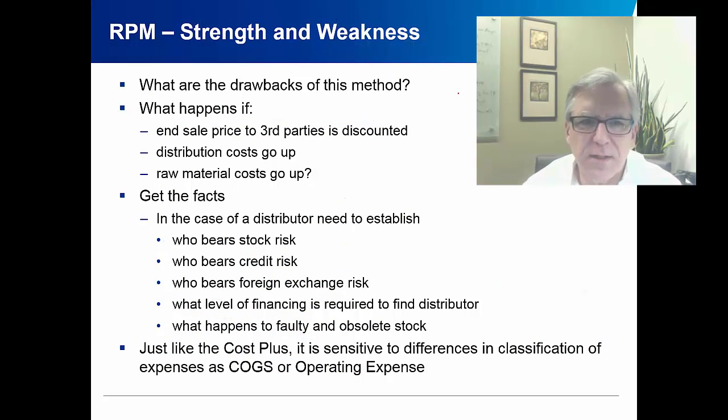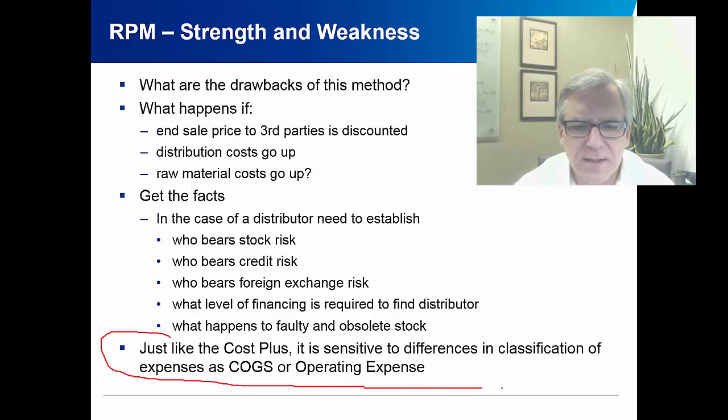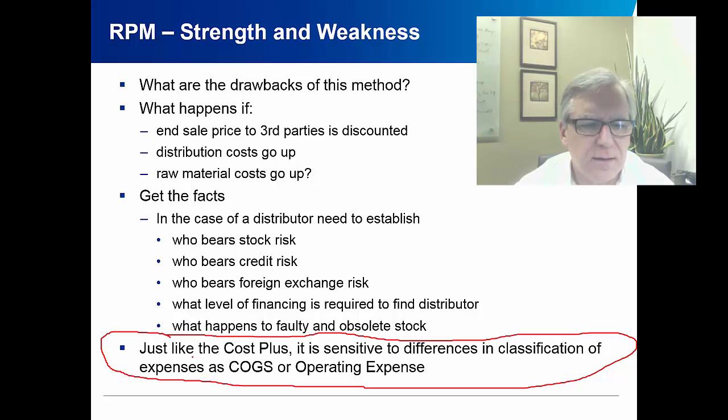What are some of the drawbacks of this method, or what are some of the things that we need to worry about? I'm going to drop to the bottom item first because I think it's the most straightforward to talk about. Just like some other methods like the cost plus, which we'll talk about soon, it's going to be very sensitive to the classification of COGS versus operating expense.